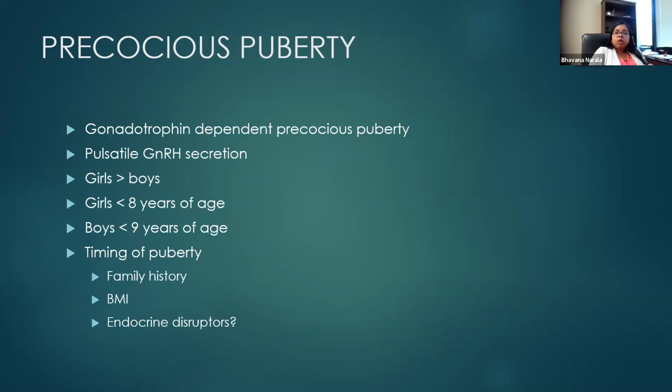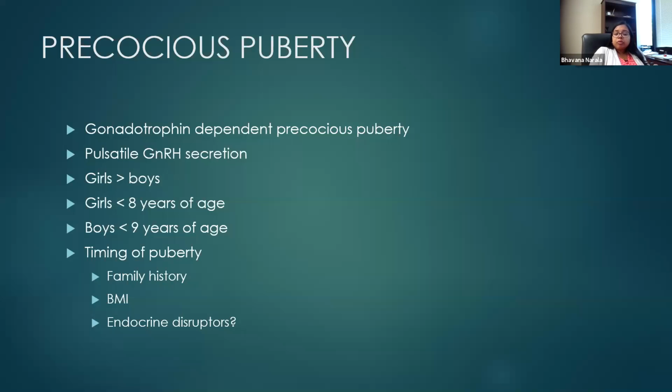So what about actual central precocious puberty? This is gonadotropin dependent. It is initiated by pulsatile GnRH secretion, and is seen more often in girls than boys. What's the criteria? Girls less than 8 years of age with signs of puberty, that's early, and boys less than 9 years of age.